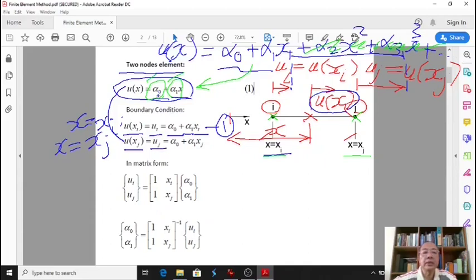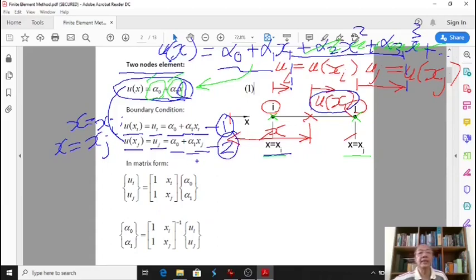So this is equal to alpha 0 plus alpha 1 times xj. So this will form equation 2.